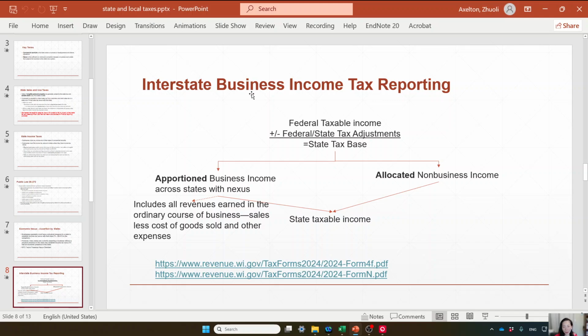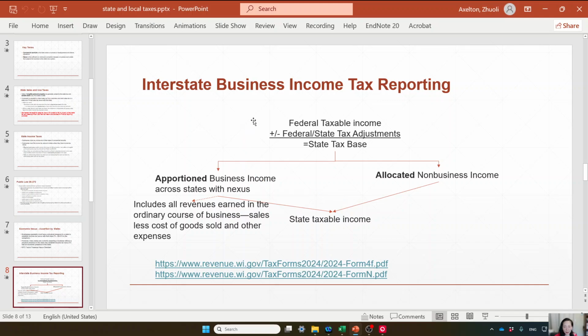So the question comes down to: does this business have to file an income tax return in a particular state? If the business has a physical presence or establishes an economic nexus in that state, then they are subject to state taxation in that state.